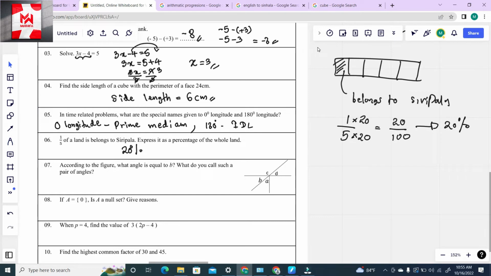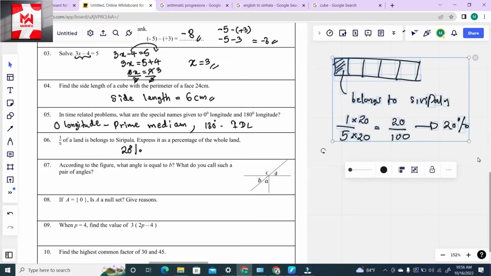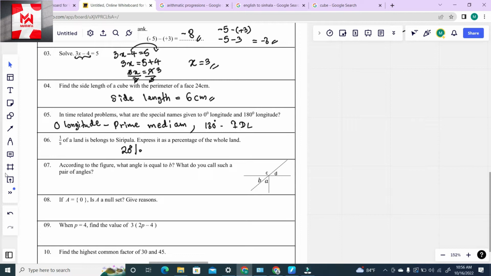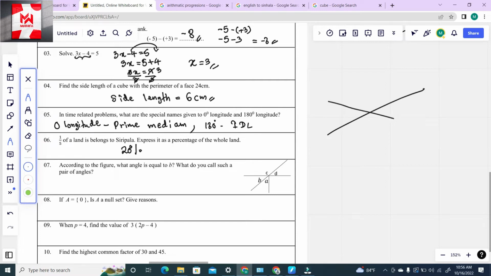Seventh one, according to the figure, which angles are equal to B? So what do you call such a pair of angles? Actually, if two lines cut, we call these vertically opposite angles.